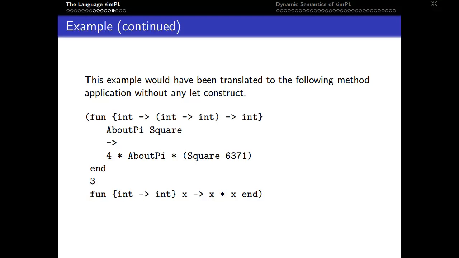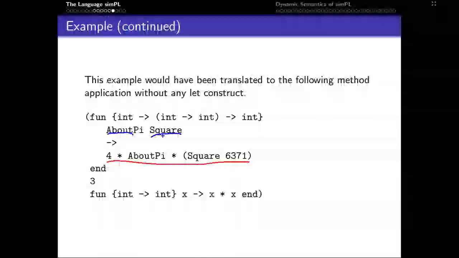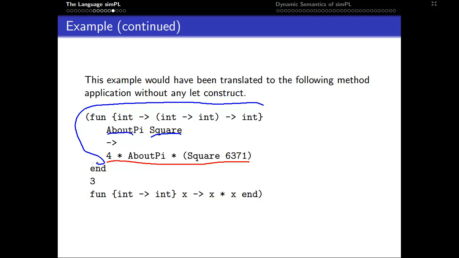So notice that this is the old function expression, which was the body of the let. The body of the let is there. Then we added these arguments in front of the body of the let, and because of that, this thing has become a function.